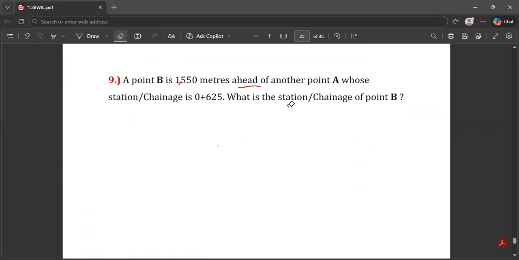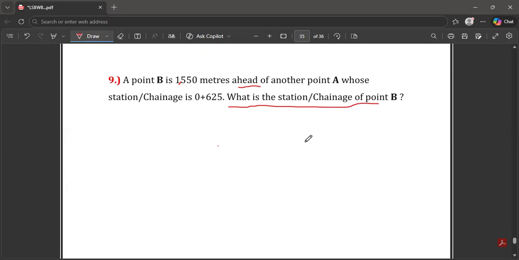So the station of point B means that we should add, because the word ahead should draw your attention to something. So we are supposed to add. Because the question wants the answer in the form of a Chainage, we have to provide the answer in that form.